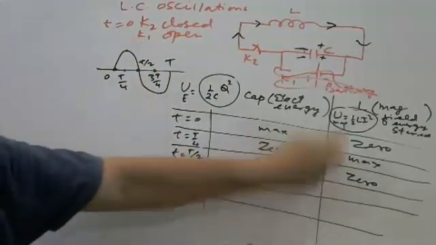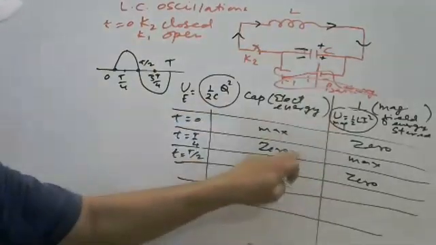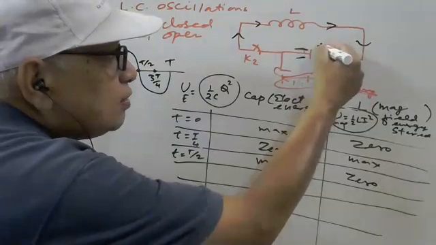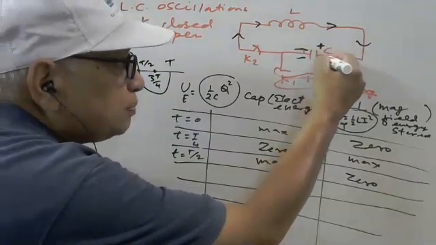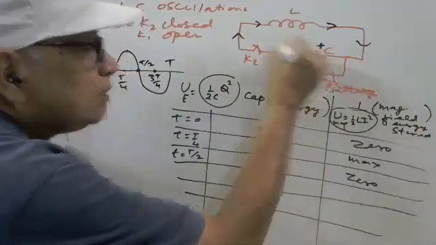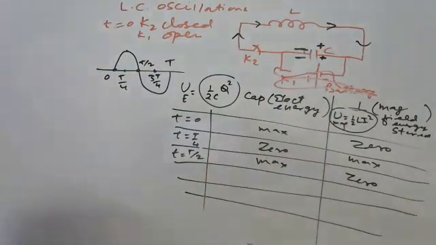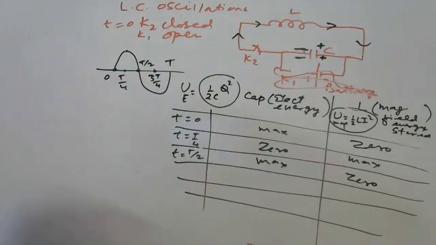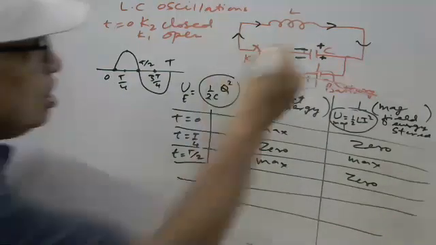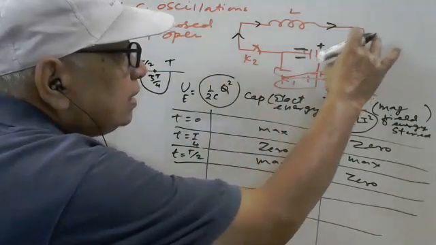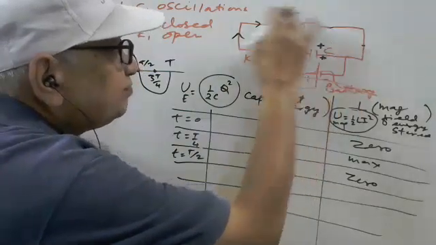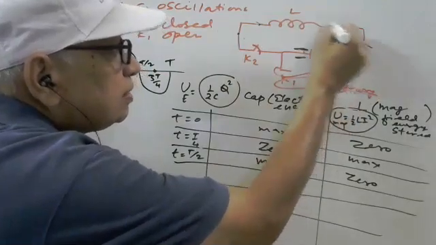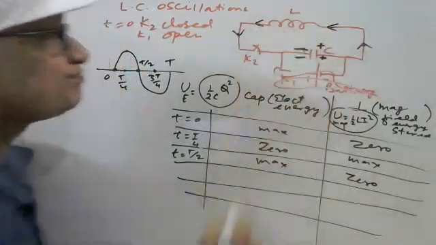So this energy in the inductor is maximum, and the other is 0, now getting charge by the current. The right plate is positive and the left plate is negative, so you can say this capacitor is oppositely charged. Now the direction of current is reversed, because of this polarity.